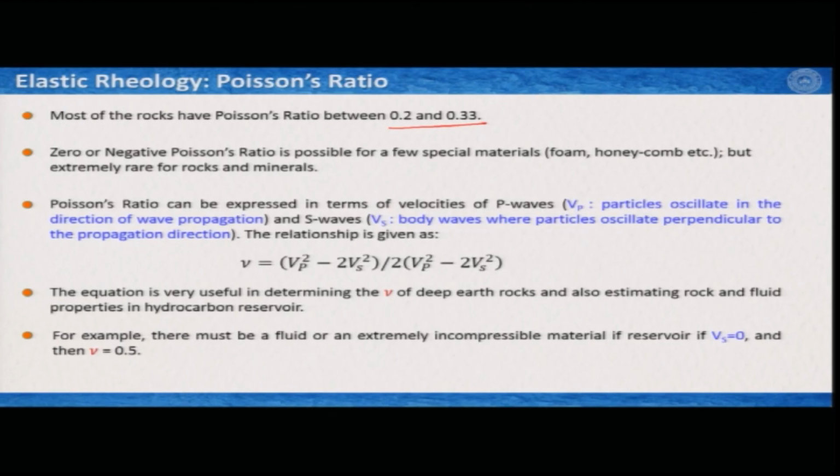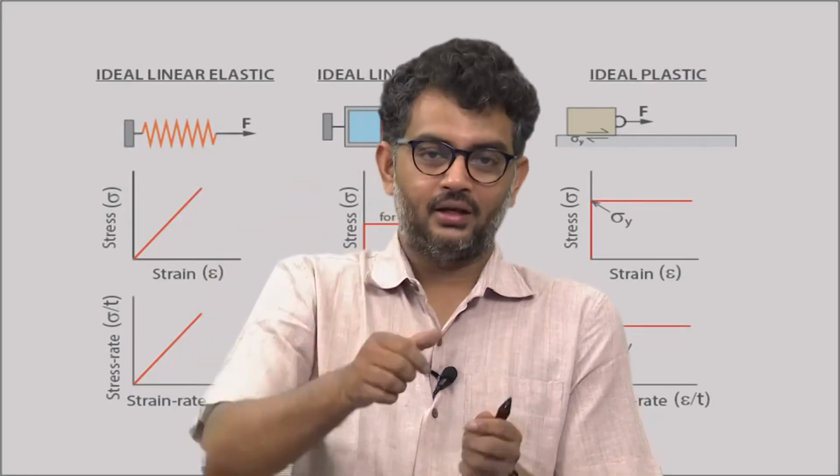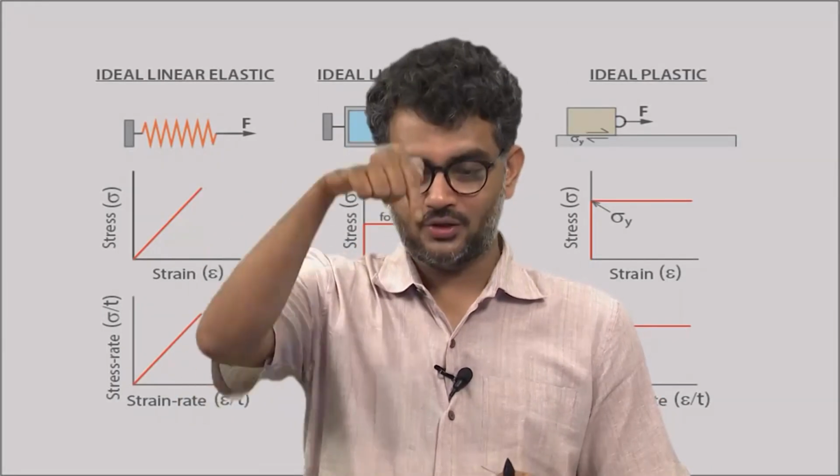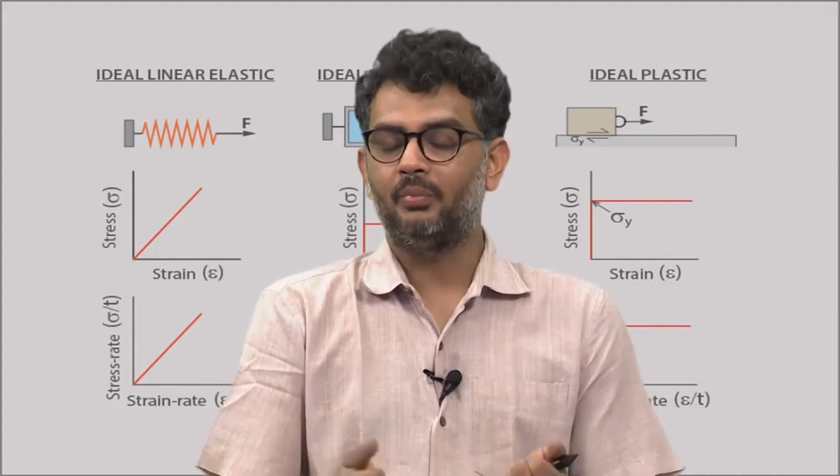So, you can see that these two terms are very important: one is oscillating along the propagation direction and the other is oscillating perpendicular to it. Is it not very similar to the way we can think that if we compress this side, the other would be extended? So, one is perpendicular and one is parallel.